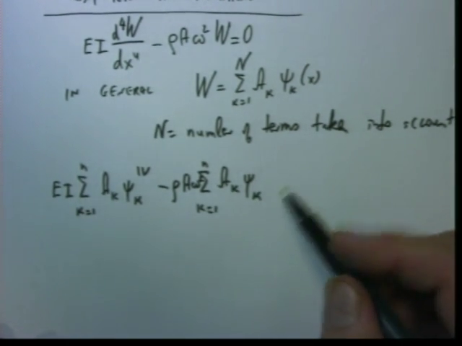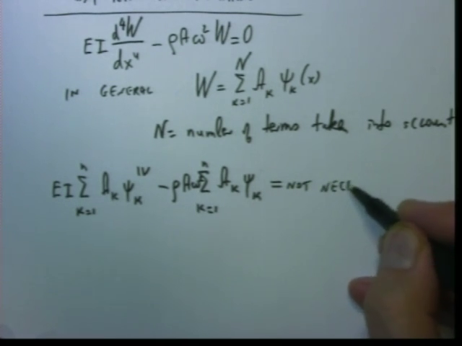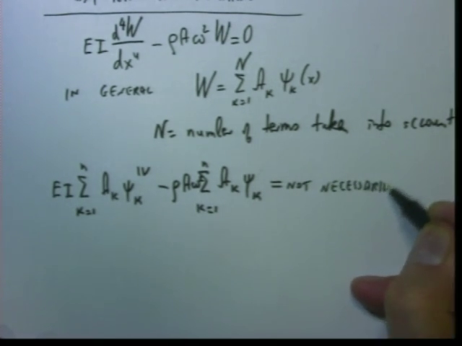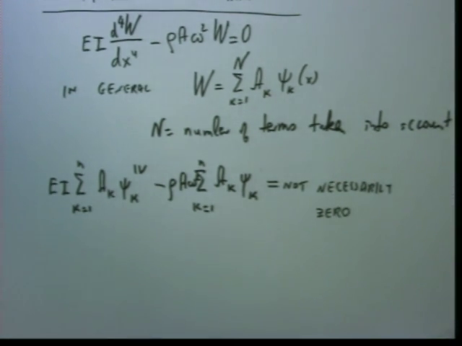Now this is not necessarily 0. Why is it not necessarily 0? Because we may not be so clever to just find some functions and you substitute and suddenly everything is 0.